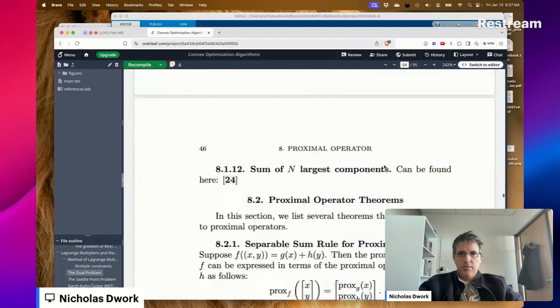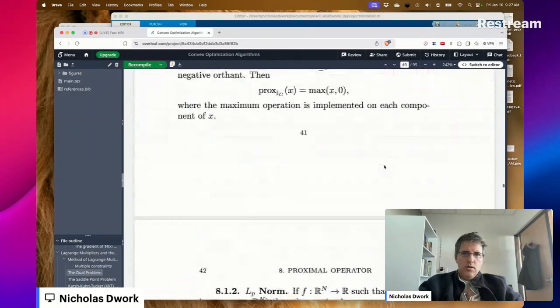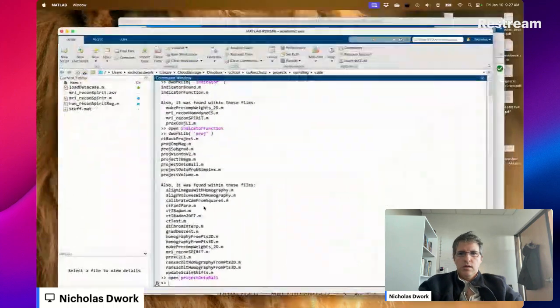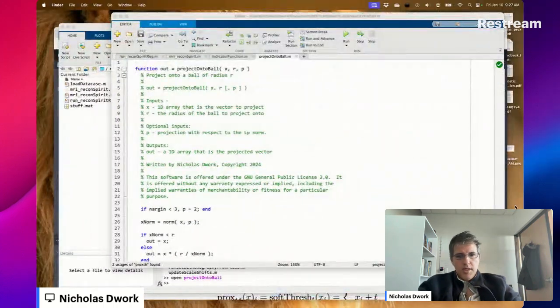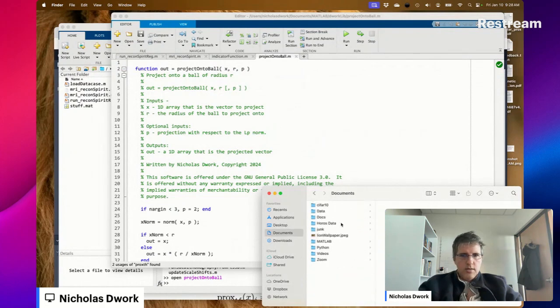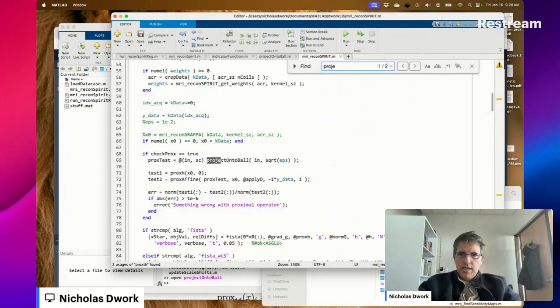A whole bunch of group penalty stuff. I think this is what my student Alex did. I'm going to recon SPIRiT. Project the ball.